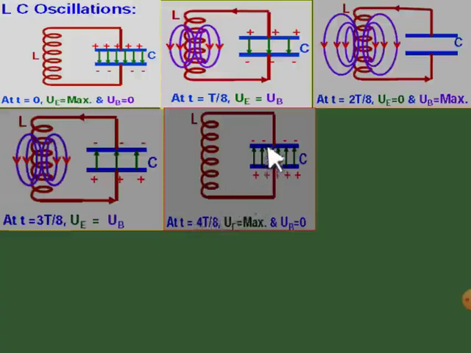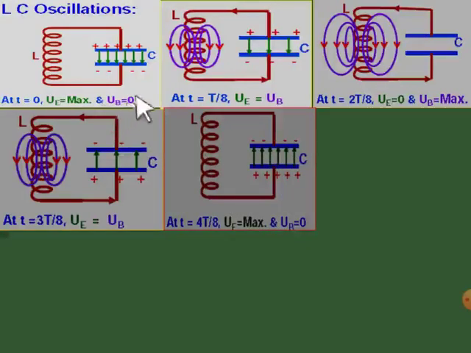That means whole of the positive charge which was on the upper plate of the capacitor will be wholly discharged, and the whole positive charge will again come onto the lower plate of the parallel plate capacitor. In that case, the electric field energy will again be maximum, and the magnetic field energy in the inductor will be equal to 0.